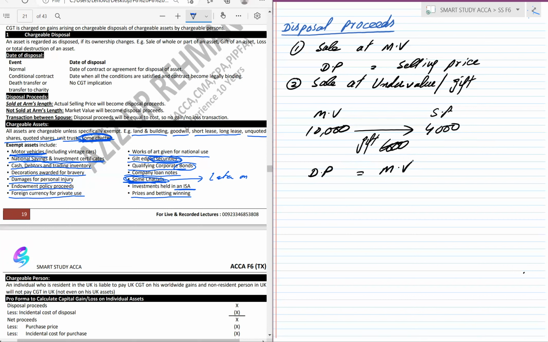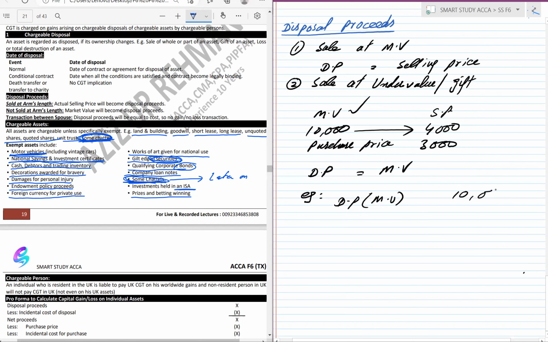So if we have sold an asset below the market value, or we have gifted an asset without receiving any consideration, in both cases selling price will be market value. So suppose the purchase price of an asset was 3,000 pounds. We have sold it for 4,000 pounds when the market value is 10,000 pounds. So how to deal with this type of example? Simply, disposal proceeds will be market value, which is 10,000.